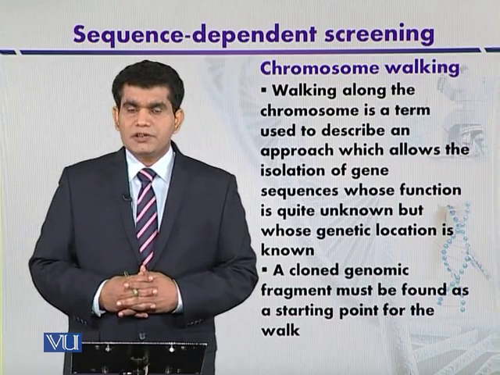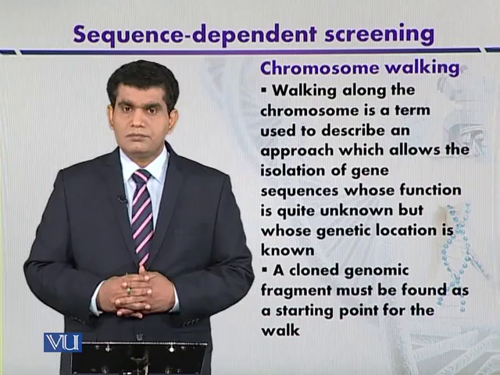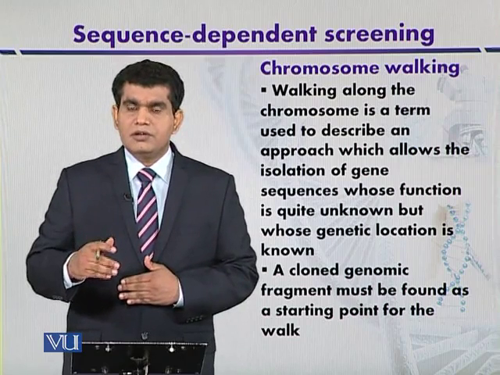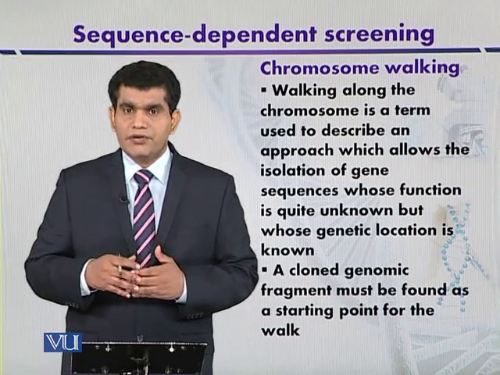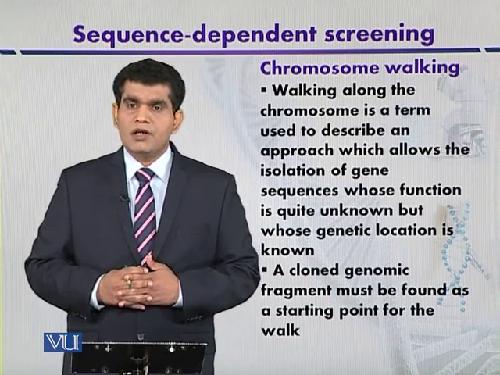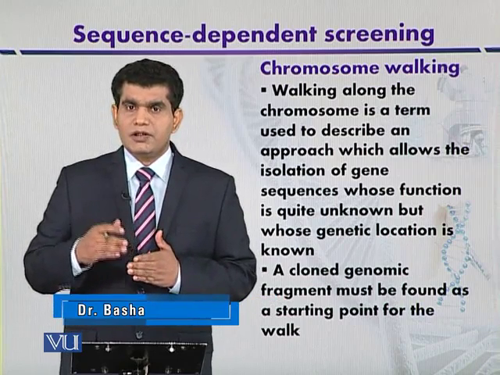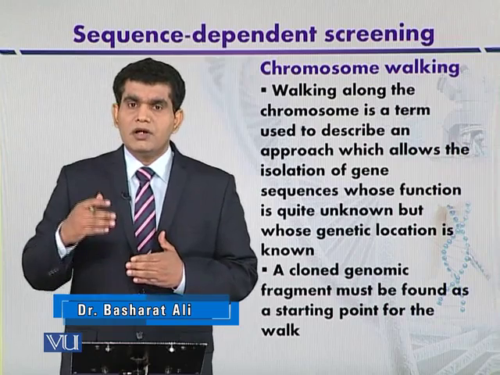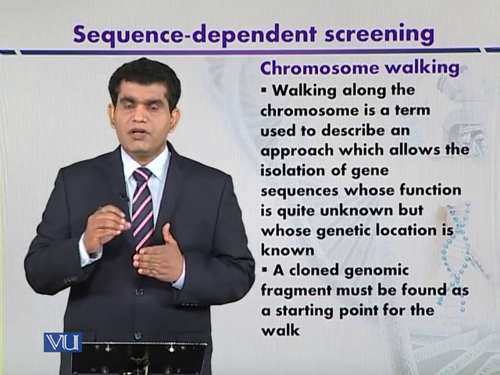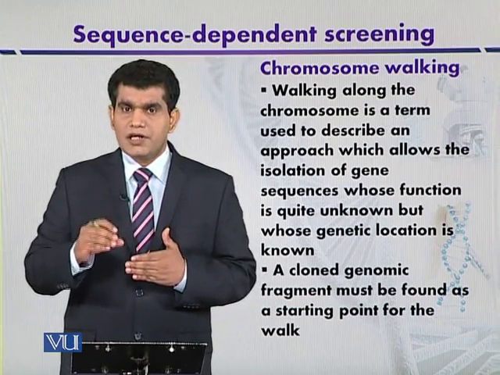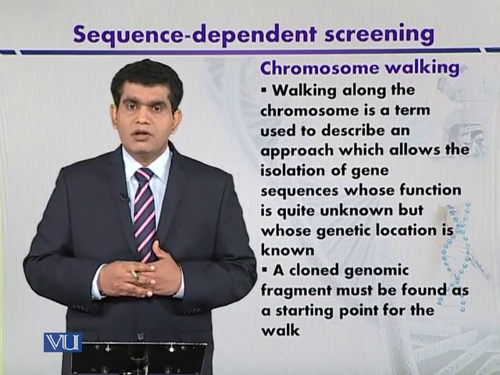If you remember, we have discussed the advantage of random DNA fragmentation: if we digest the genomic DNA randomly, overlapping DNA fragments will be produced, and these can be used for the detection of neighboring fragments, because their ends will overlap. One fragment can be used to detect the next fragment by a technique called chromosome walking.